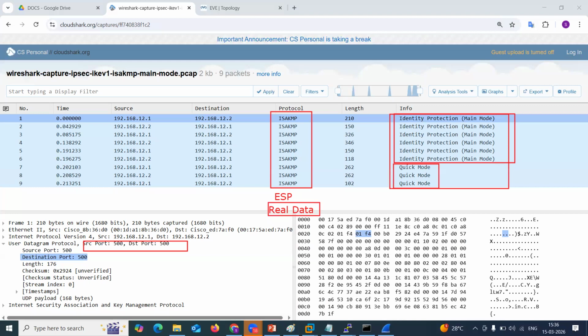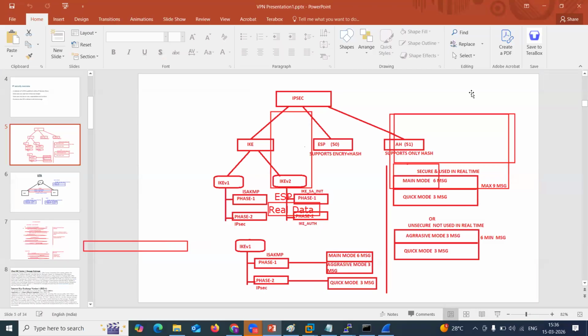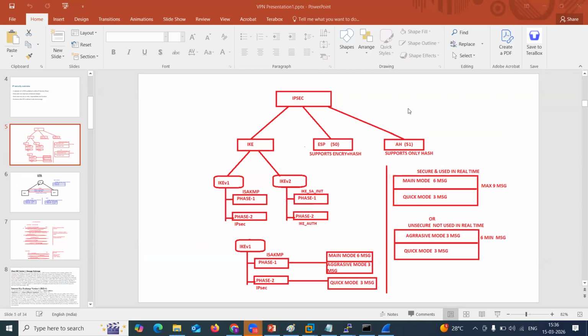In IPsec, we were learning about multiple protocols, right? So the question would come, where is ESP or AH used?